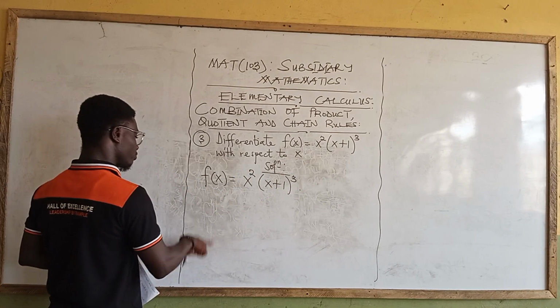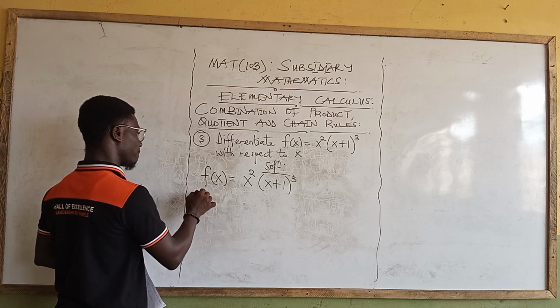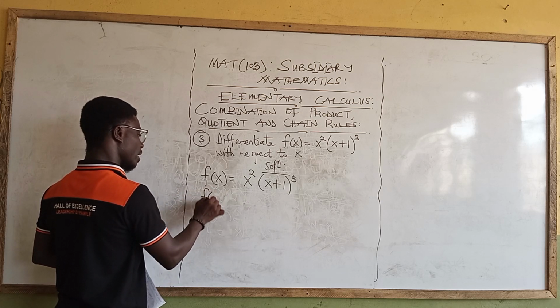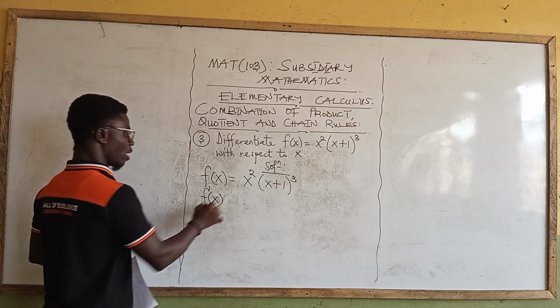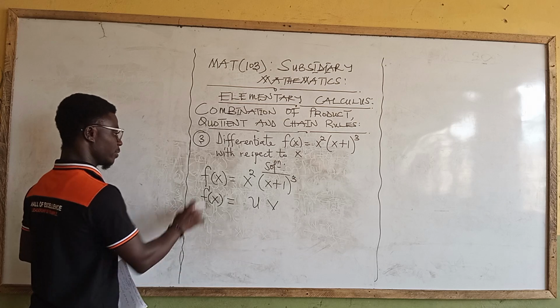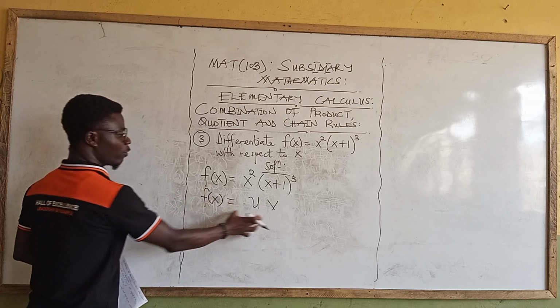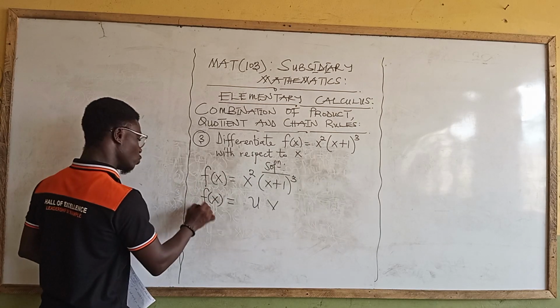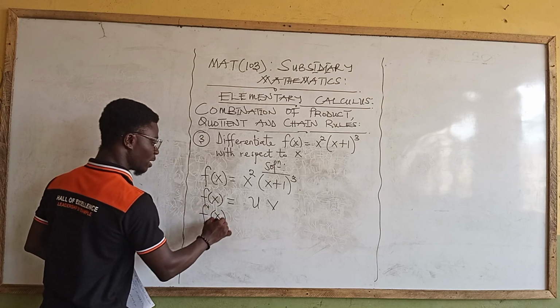So now I have our f prime of x. Our f of x is the same thing as u v, right? So our f prime of x must be equal to what?